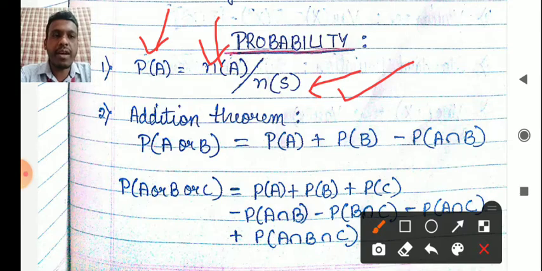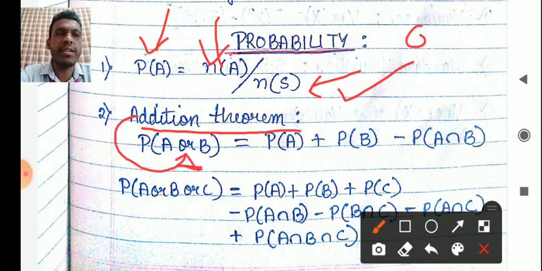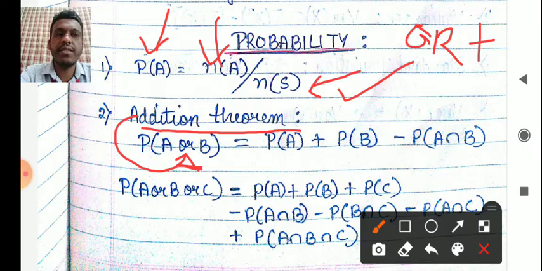The second formula that is there is of addition theorem. One 5-mark question can be expected from addition theorem. Addition theorem is written as probability of A or B. Remember this, whenever addition is there, you always have the word or. Whenever or comes, this means it is plus.